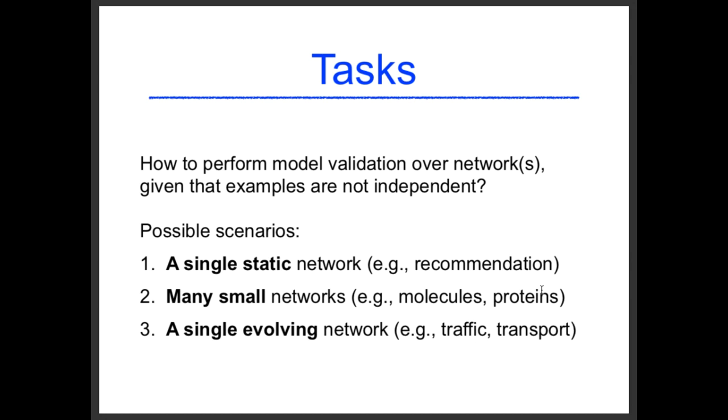So how can you perform model validation and training test split in this setting? Another possibility is that you have many small networks, like for molecules or proteins, or you can have a single evolving network.